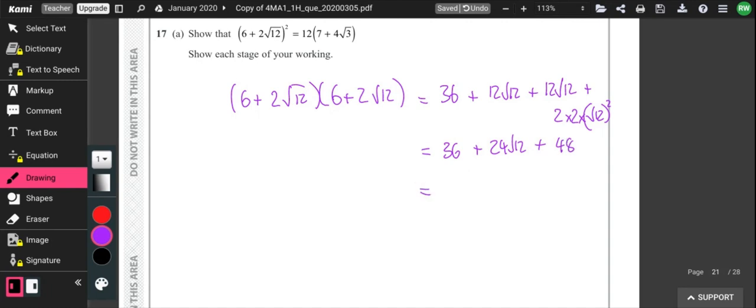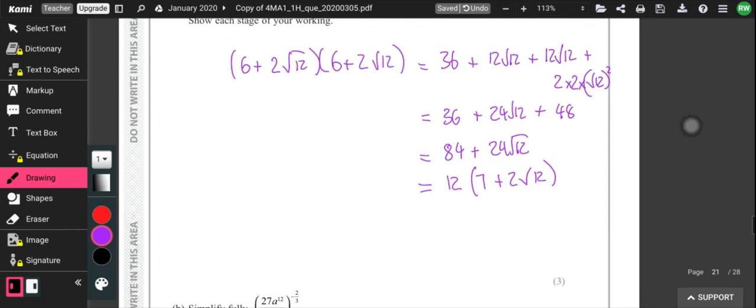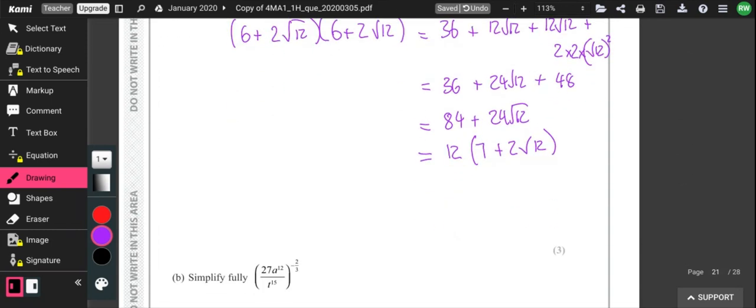That will give us 84 plus 24 root 12, and we can take the 12 out as a factor, and we get 12 lots of 7 plus 2 root 12. We want this answer in terms of root 3, so let's simplify this last one. 7 plus 2 lots of root 4 times 3, and that will give us 12 lots of 7 plus 4 root 3.